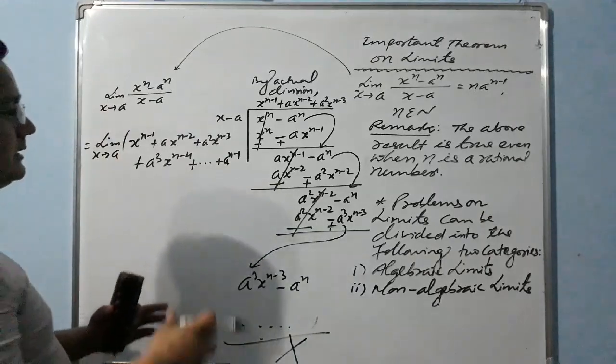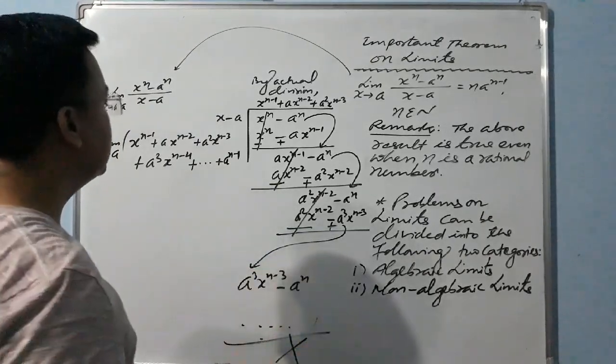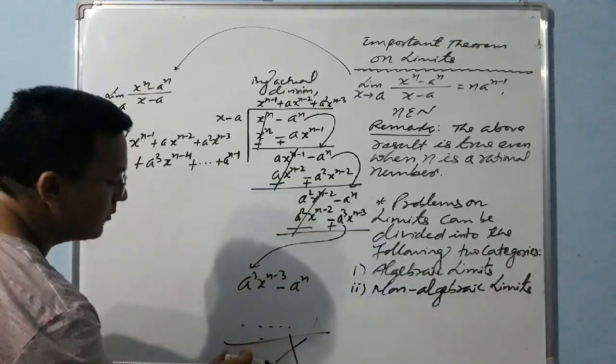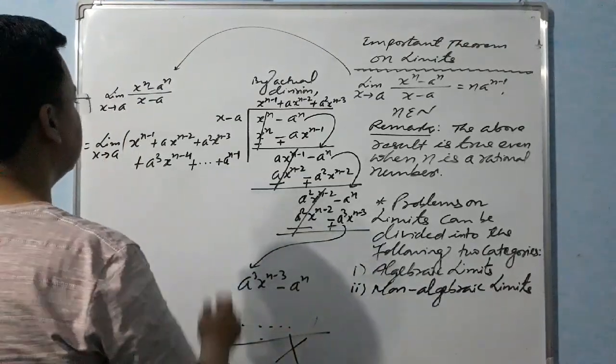Finally, when you extend this process to n terms, you are going to get 0 as a remainder.